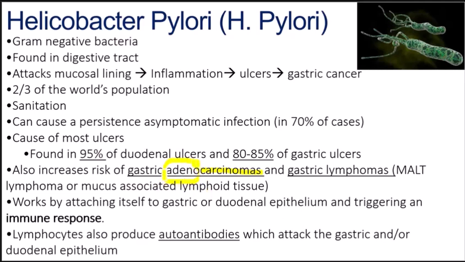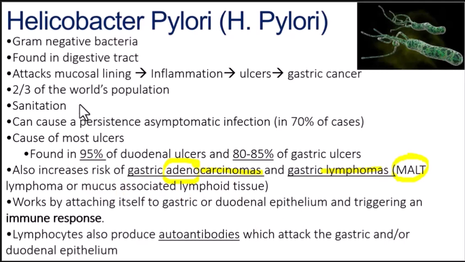So we can say then that an adenocarcinoma is cancer of glandular tissue, and then gastric we know refers to the stomach. H. pylori is also linked to the development of gastric lymphomas, specifically MALT lymphoma. MALT stands for mucus-associated lymphoid tissue.